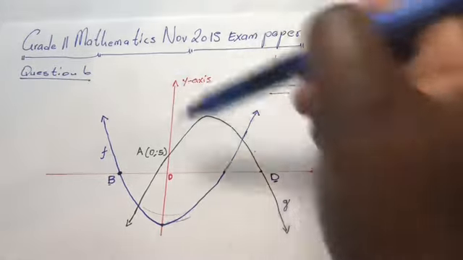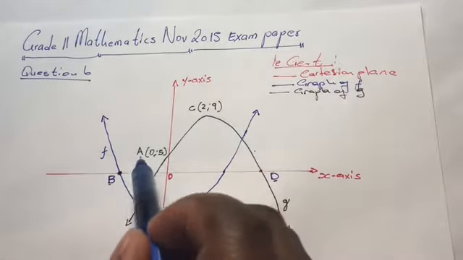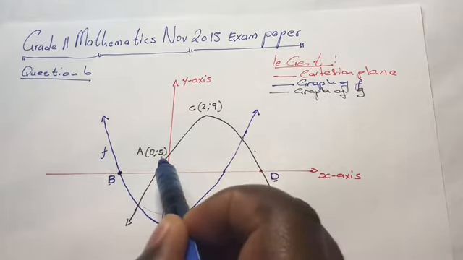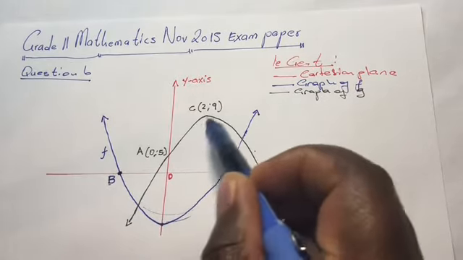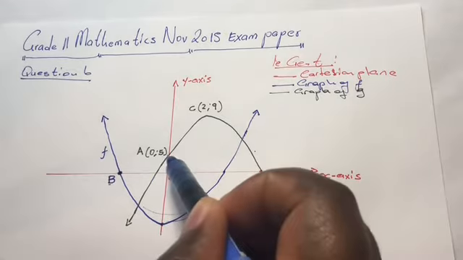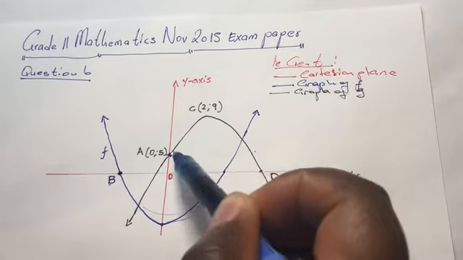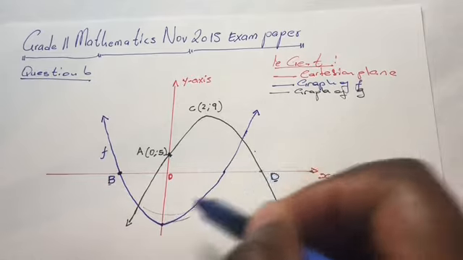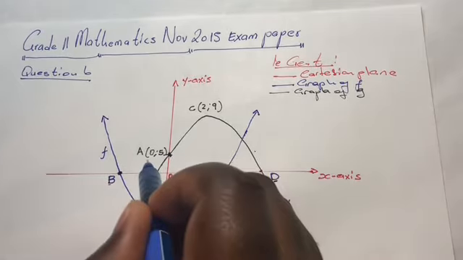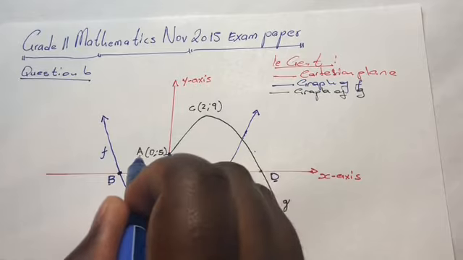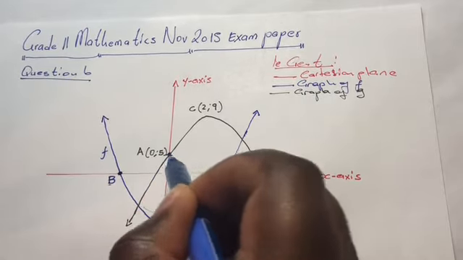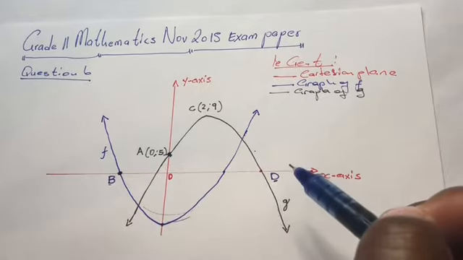Moving to the y-axis, you've got a point which is A, where the graph of g cuts the y-axis, where y is 5 and obviously x is 0.